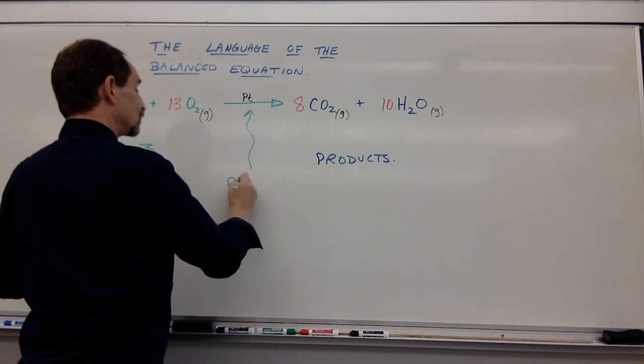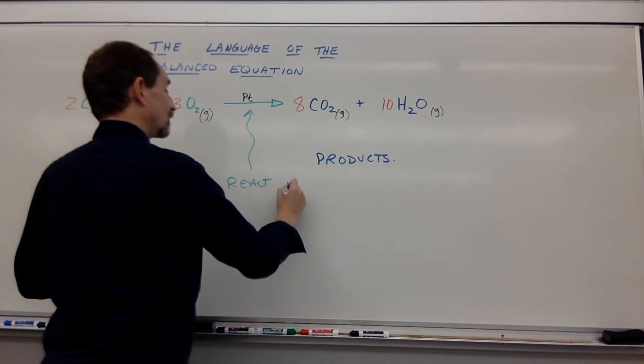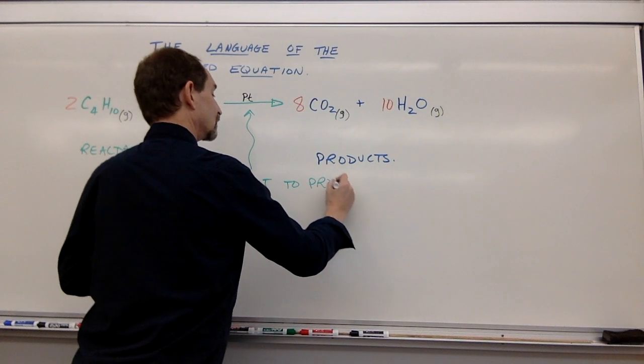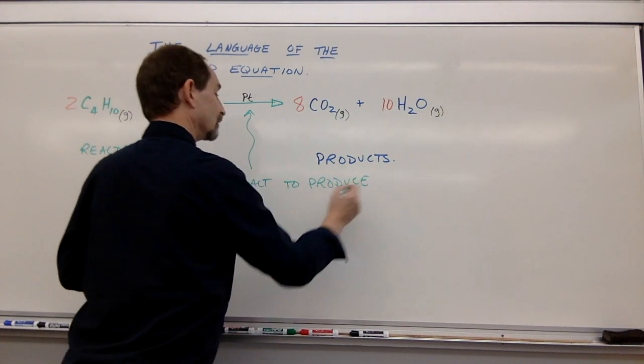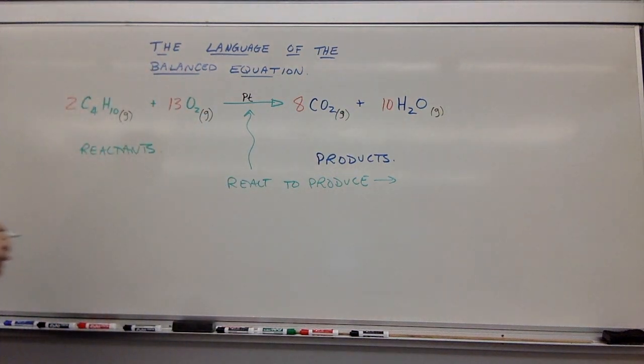That says these react to produce the products. Sometimes we say yields or just produces, but that's telling you a verb. That is telling you an event has taken place.